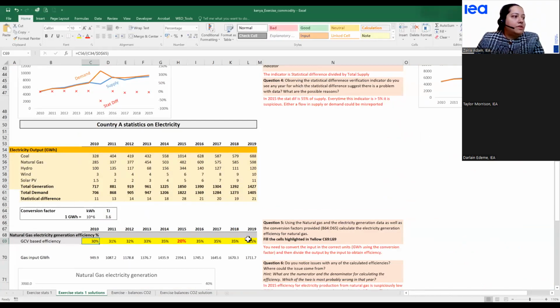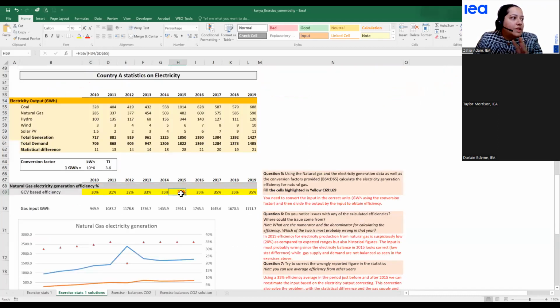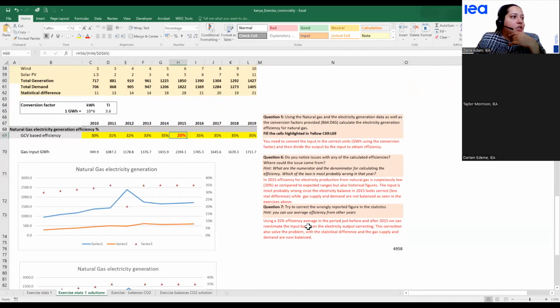And so if you apply the same formula everywhere, output divided by input in the same unit, you get those efficiencies. And here again, 2015 has an issue. You have a very low efficiency. So here, question 6, do you notice issues with any of the calculated efficiencies?